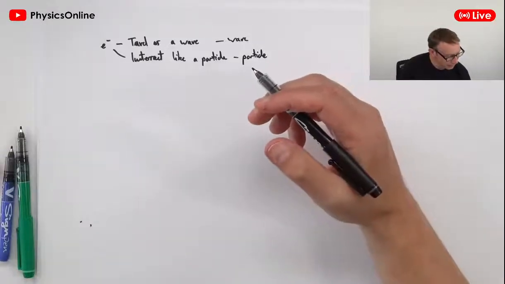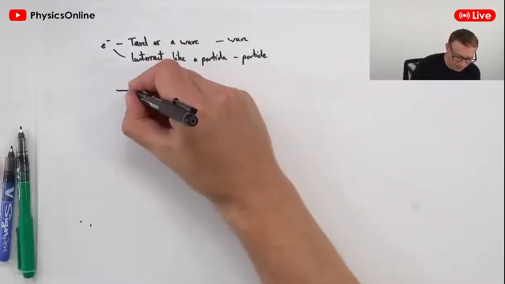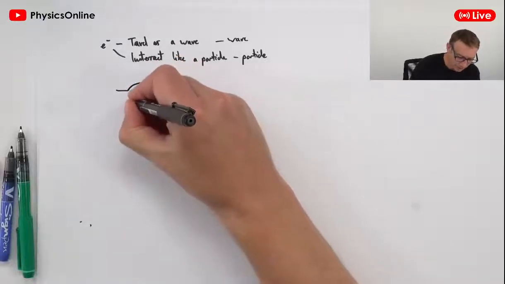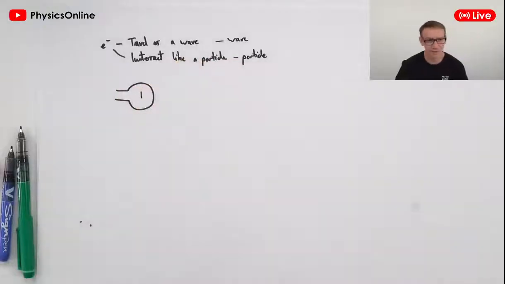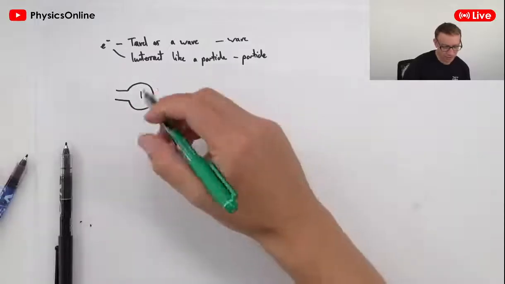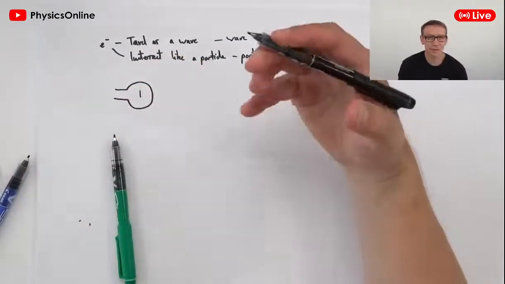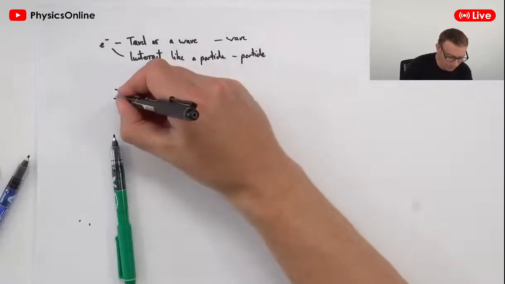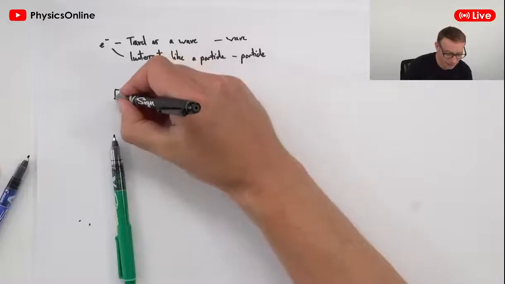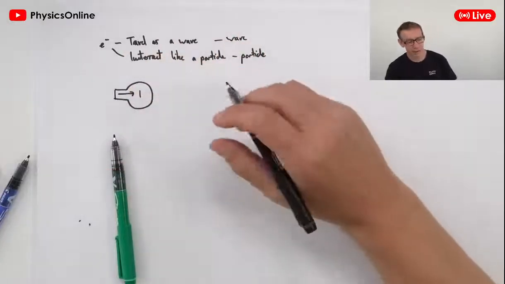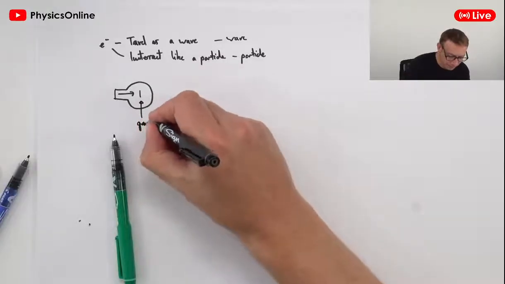Basically, you can get a Teltron tube that looks a bit like this. We have an electron gun which uses thermionic emission, so we boil some electrons from some metal. The electrons shoot away from that, in an evacuated glass tube, so it's a vacuum. We send them through maybe a piece of graphite.